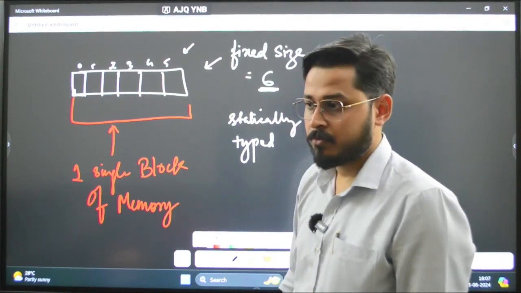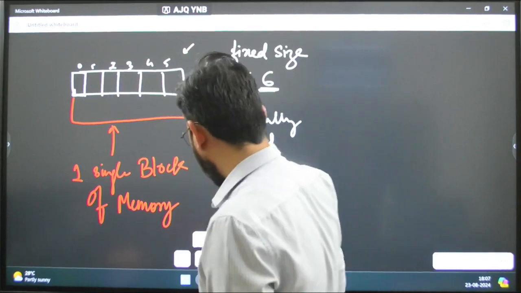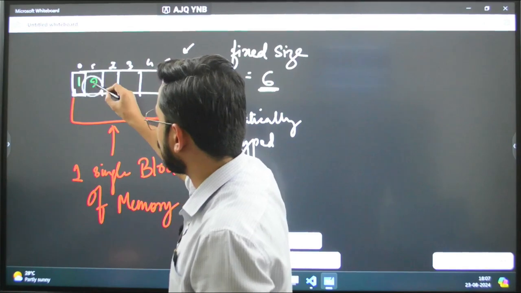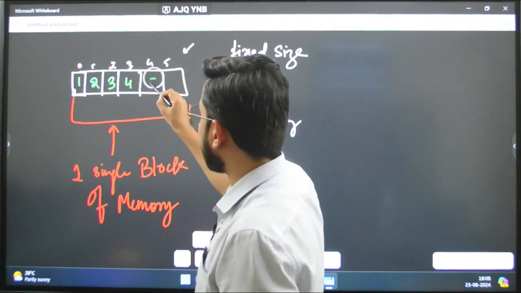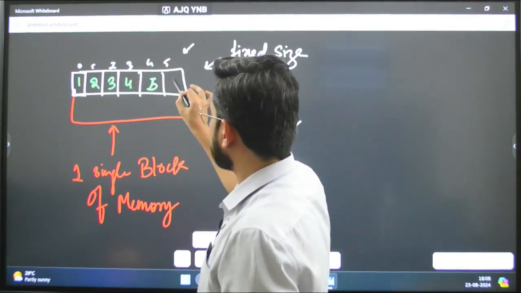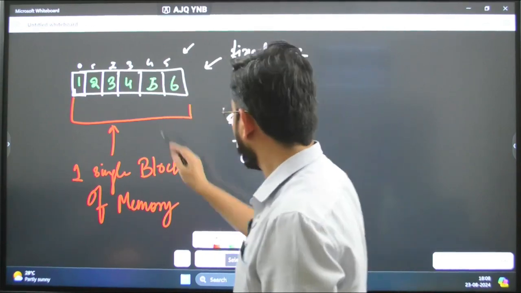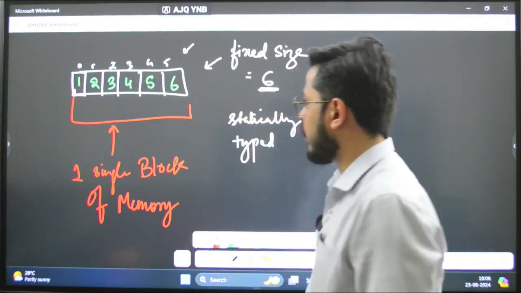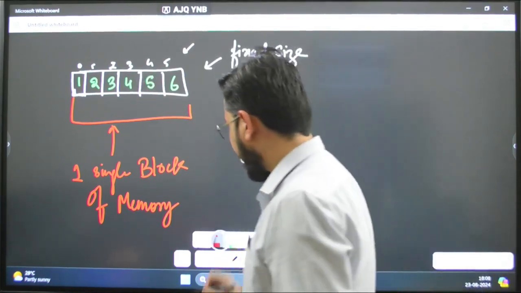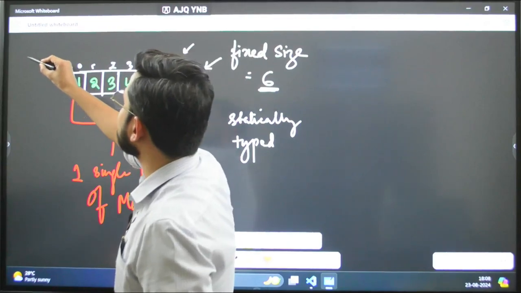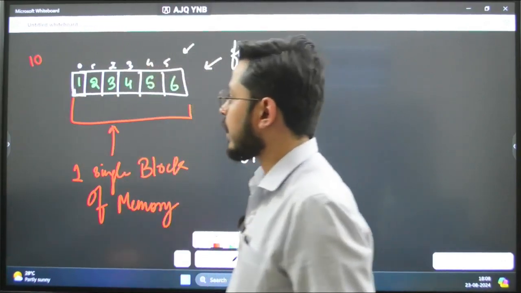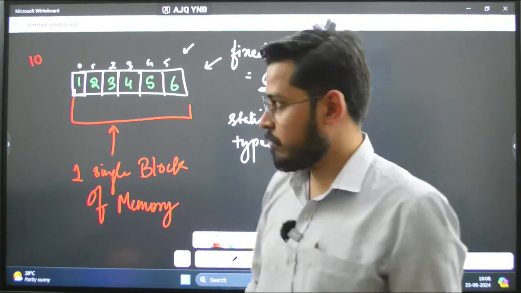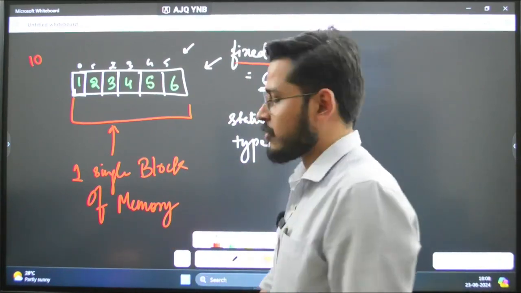Array. Now if I am holding numbers, for example 1, 2, 3, 4, 5, 6, and I say that I want to include this 10 also, can I fit it? No, I cannot fit it. Why? Because we know the array size is fixed.